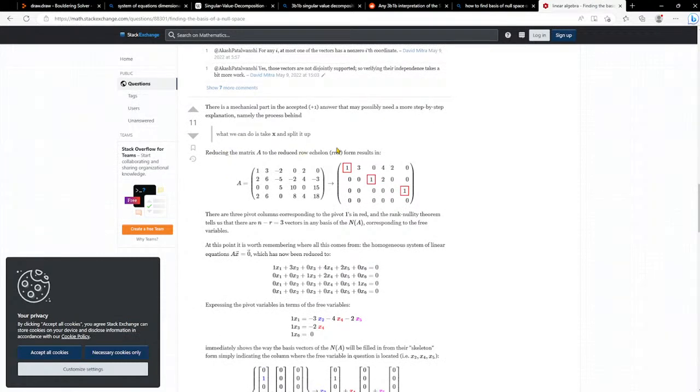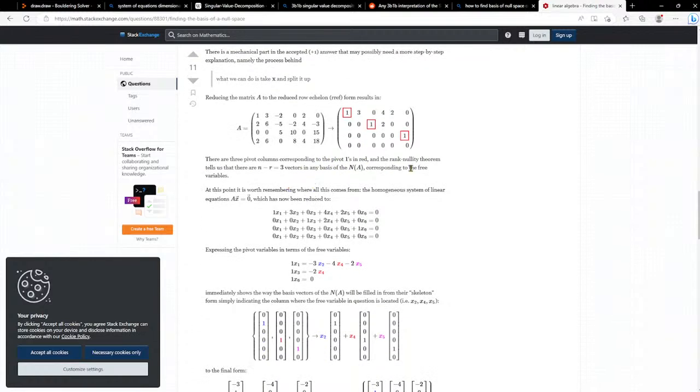Reducing the matrix A to the reduced row echelon form results in this. There are 3 pivot columns corresponding to the pivot ones in red. I still have no clue why anyone in their right mind calls these pivots. Anyway, we're just stuck with the term. Pivot ones in red and the rank nullity theorem, I don't care about that. Vectors corresponding to the free variables, fine. In other words, this guy's free, that guy's free, that guy's free.